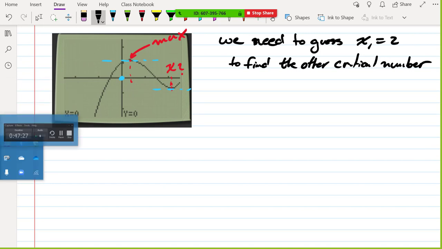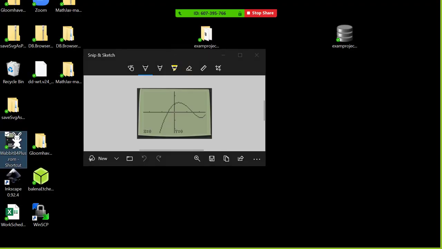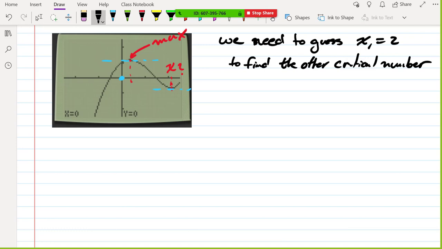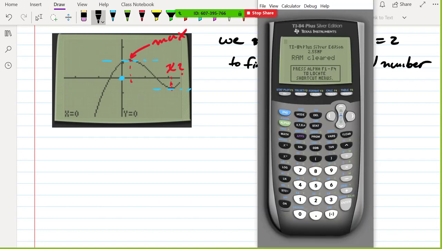Darn it, I closed my calculator again. So we're going to have to put in the same thing, but this time we're going to guess x equals 2. So we go 2, and we type that in. So second answer minus alpha y equals.